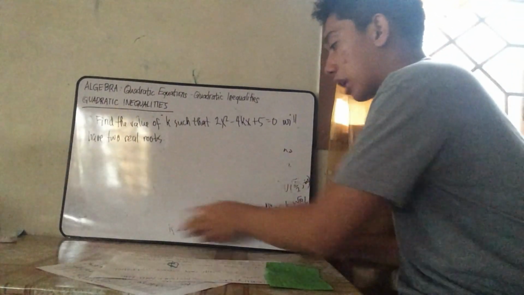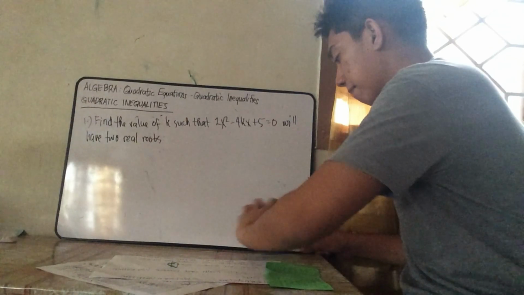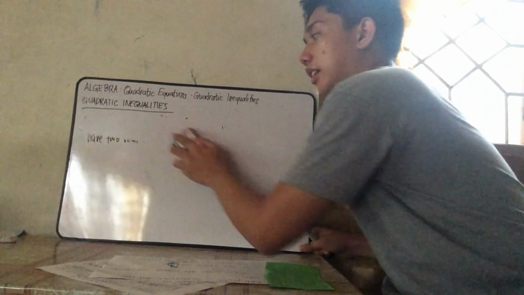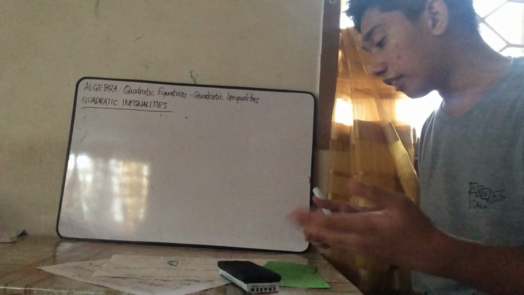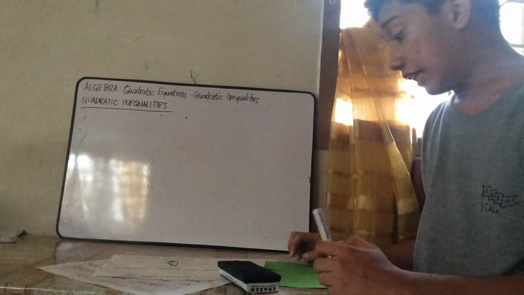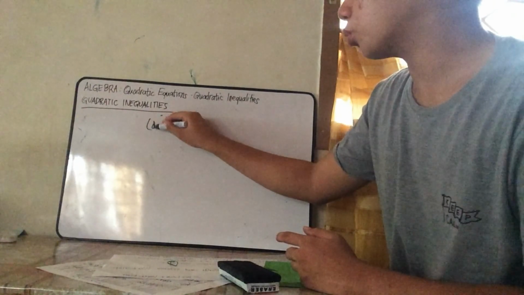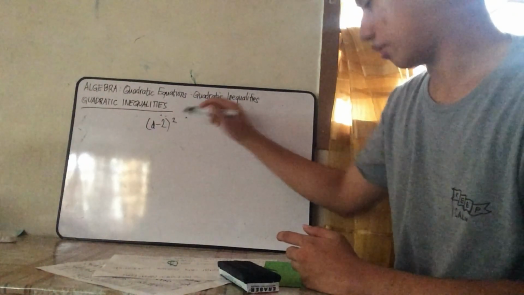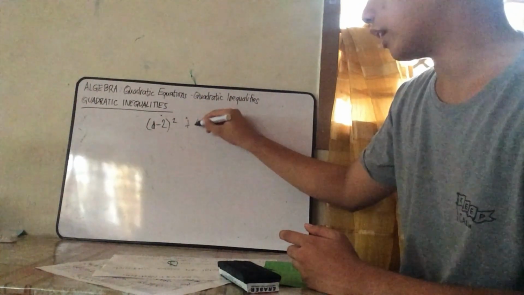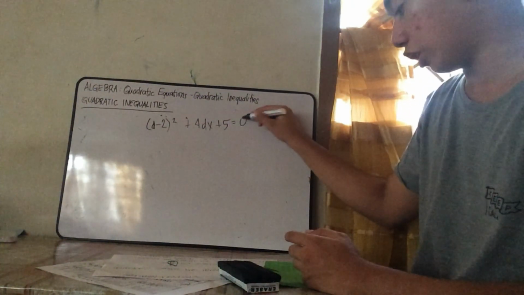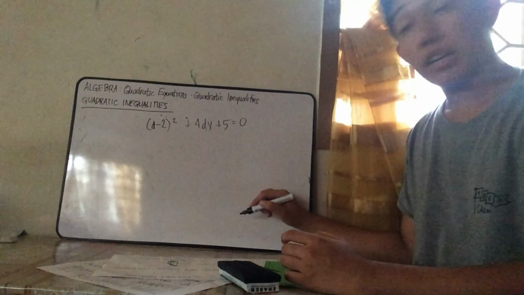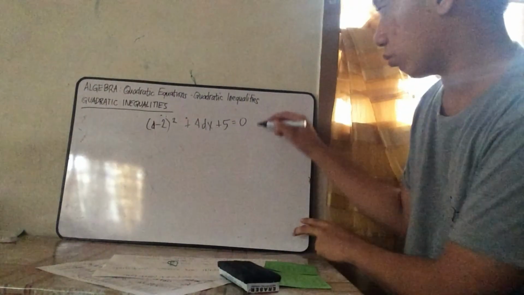And for the last one, last problem, i-dictate ko na lang, guys. For what values of d is d minus 2 squared plus 4dx plus 5 is equal to 0 will have one real root?